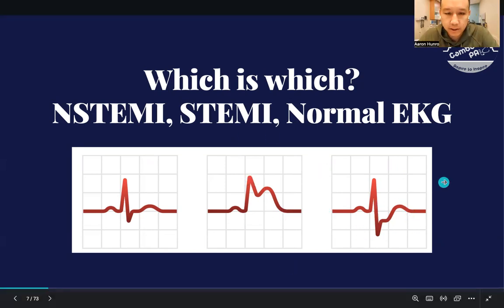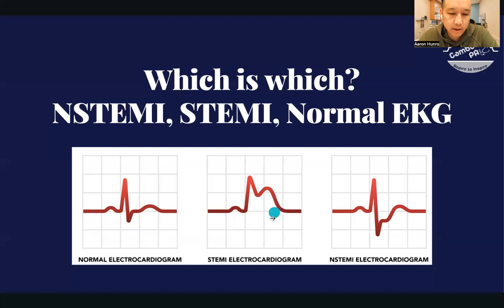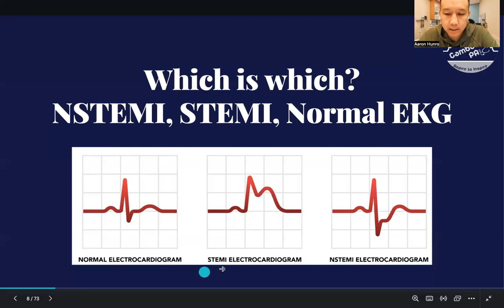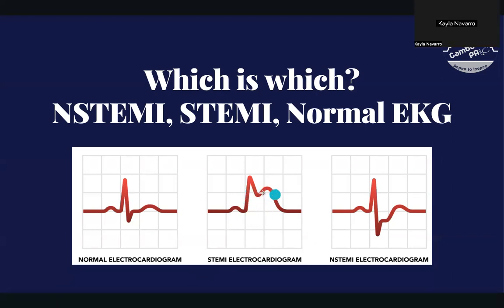What differentiates the middle one versus the third one? The middle one has the ST elevation, whereas the right one has it descending. Yeah, so we have that ST segment elevation. In a STEMI, sometimes it can be normal as well, but for the most part, if it's elevated, there you have it for the STEMI.